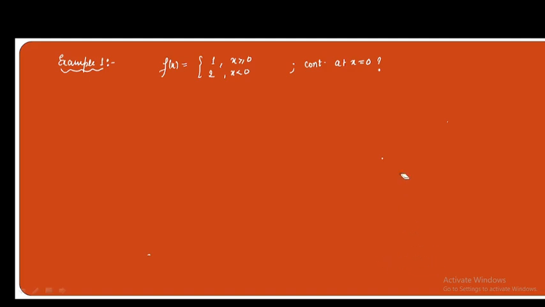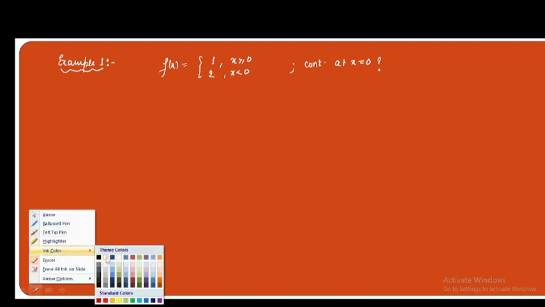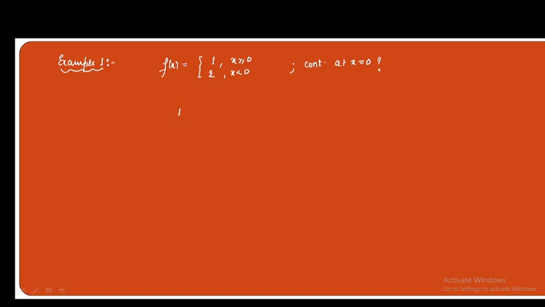How will we do this? Let's see. So first I am going to draw the graph of this one. This is x, this is y, this is x dash, and this is y dash, and this is O. Now for x greater than or equal to 0, it is 1, and for x less than 0, it is 2, right?